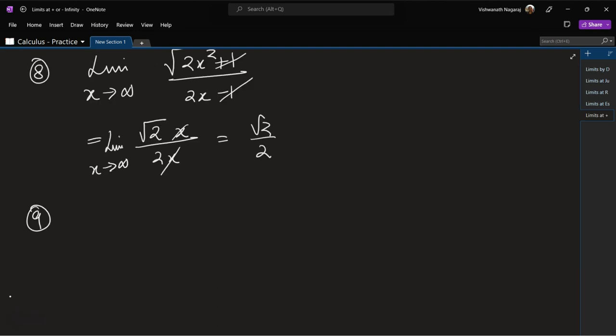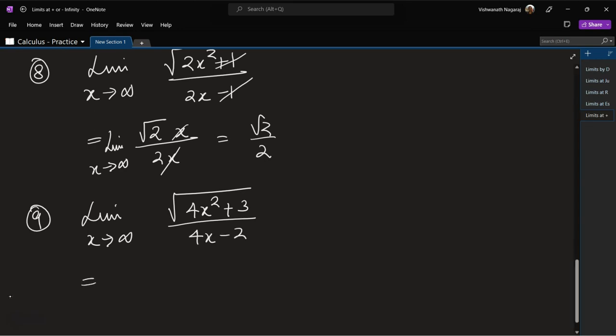Okay. Ninth one. Limit as x approaches infinity of square root of 4x square plus 3 by 4x minus 2. Okay. Now what do we do here? Again, if you notice, 3 has no impact on this term.